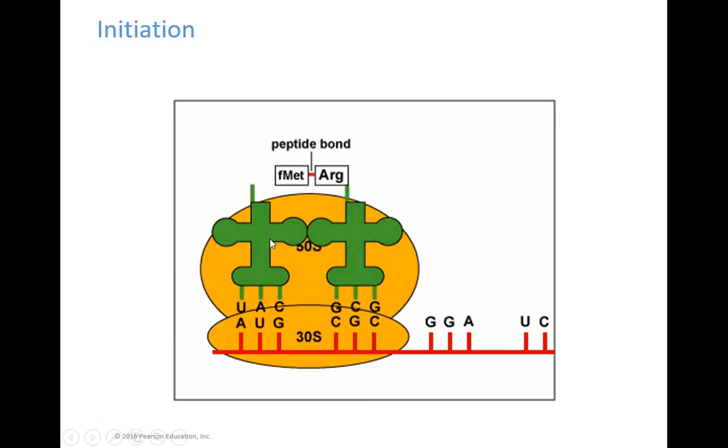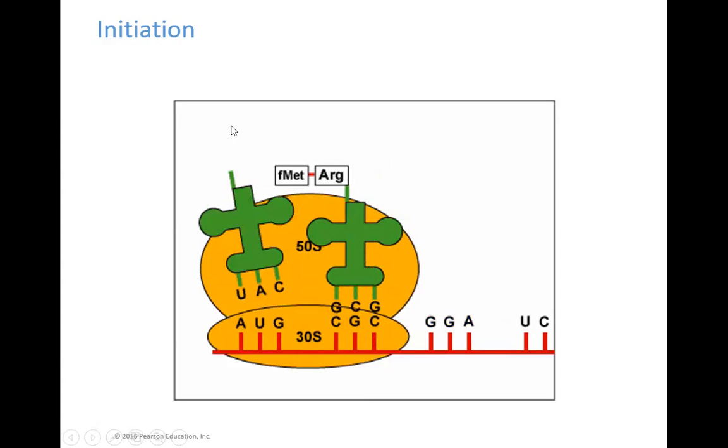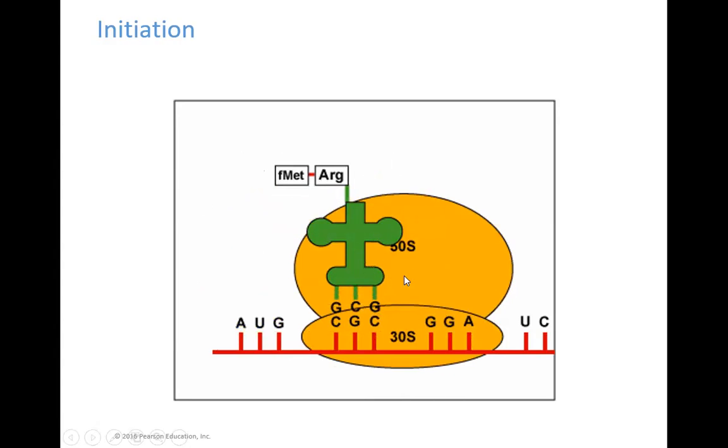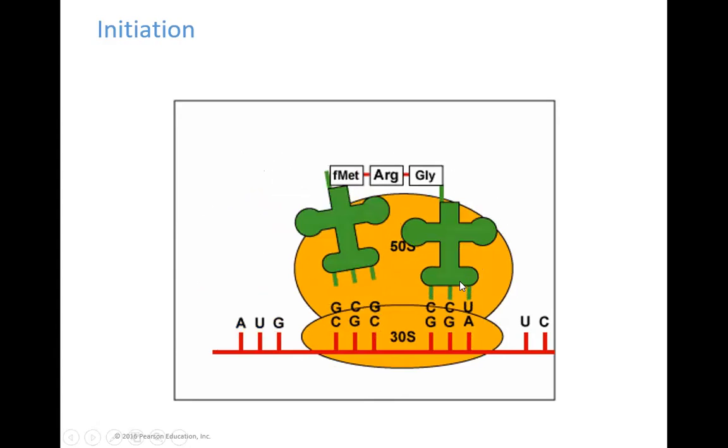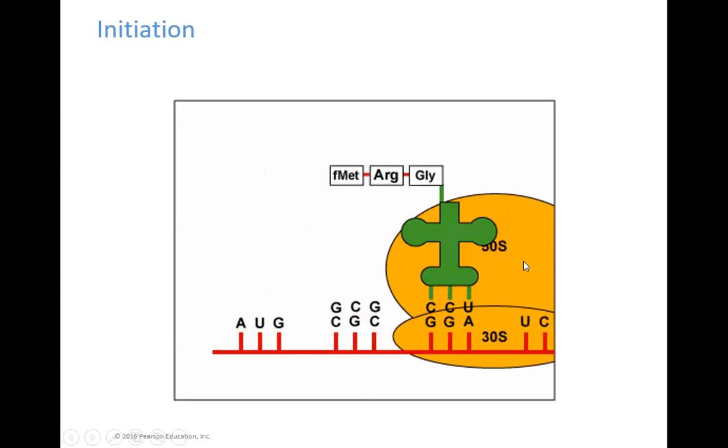The first transfer RNA is kicked out. There it goes. The ribosome slides down across the messenger RNA. Here comes the next transfer RNA. We slide a little further. Here comes the one coming after that.